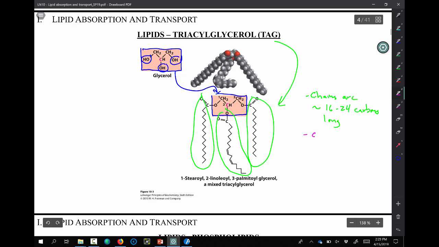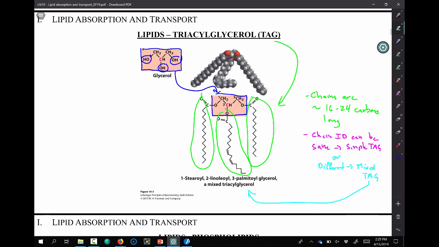The chain identity can be the same, and if they're the same, that would be a simple triacylglyceride, or they can be different. That will lead to what's called a mixed triacylglyceride. And what you're looking at over here is a mixed triacylglyceride because your chains are of different identities. Both naturally occur in mammalian systems.